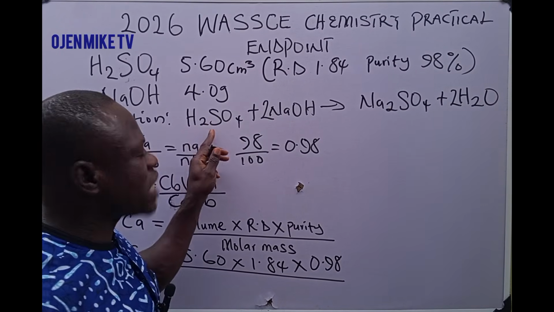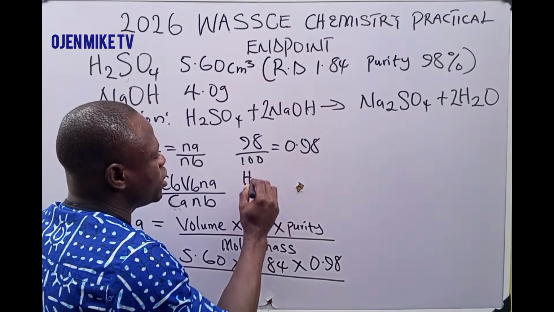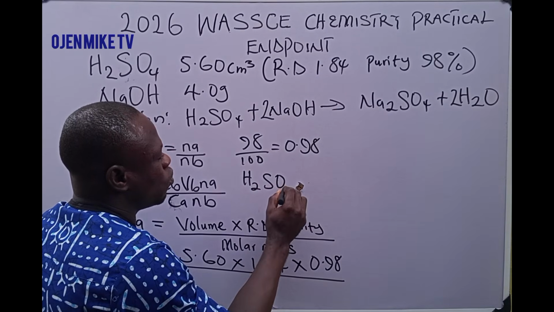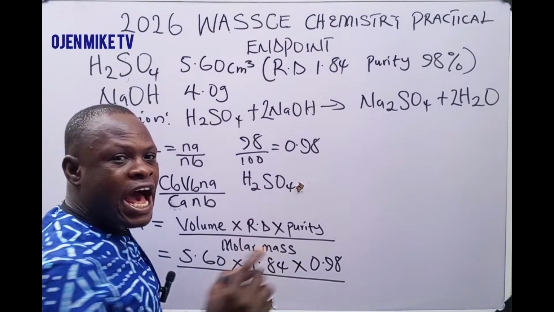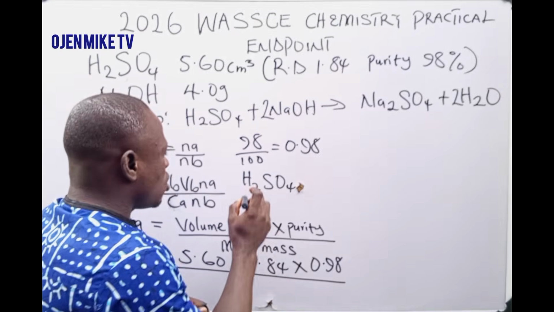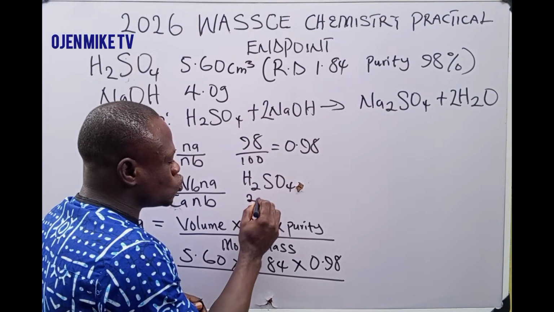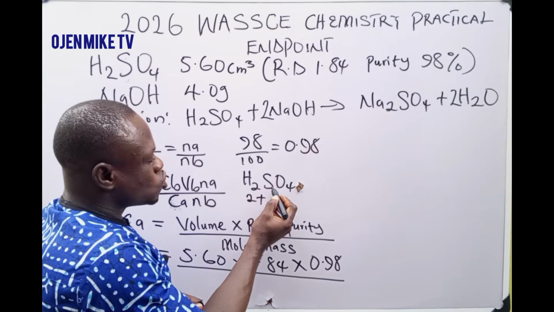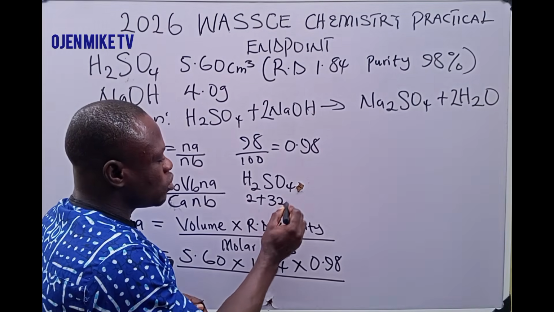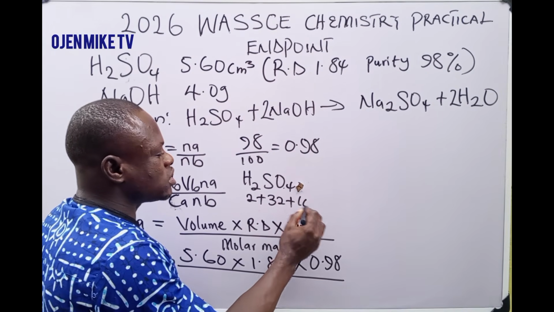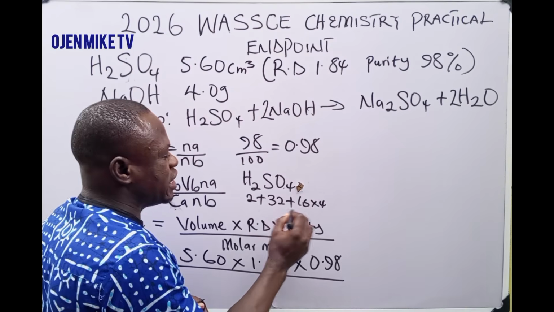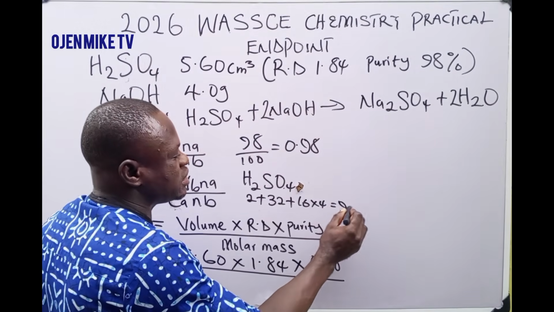The molar mass of this acid, H2SO4: hydrogen here, atomic mass is 1, then 1 times 2 gives us 2, plus sulfur is 32, plus oxygen is 16 times 4. At the end, we have 98.